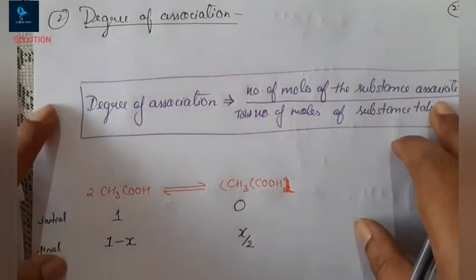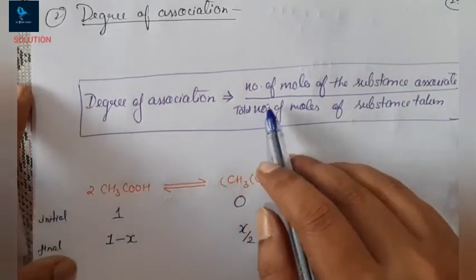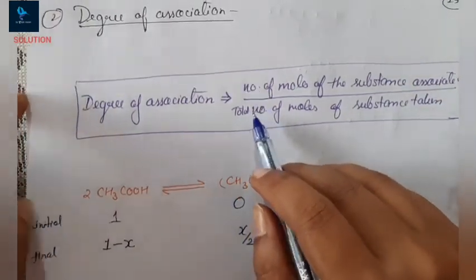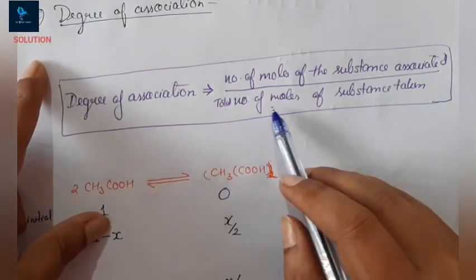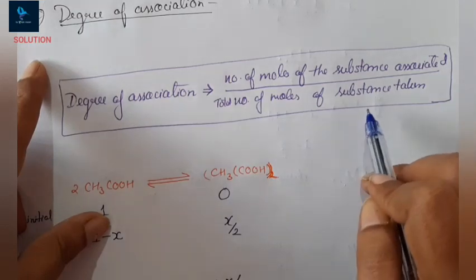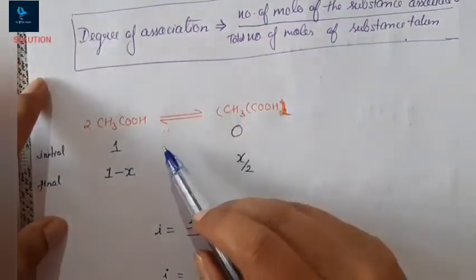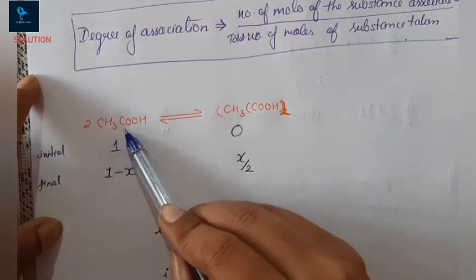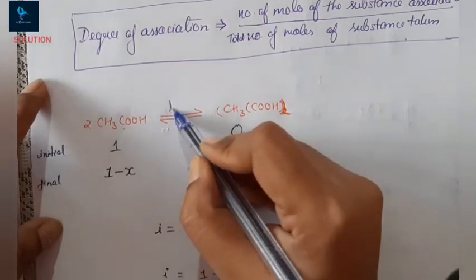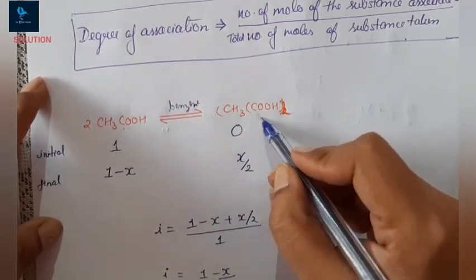Now second is degree of association. The degree of association is defined as the number of moles of substance associated divided by the total number of moles of substance taken. Here I am taking the example of association. 2 moles of acetic acid dissolve in benzene and become 1 mole.